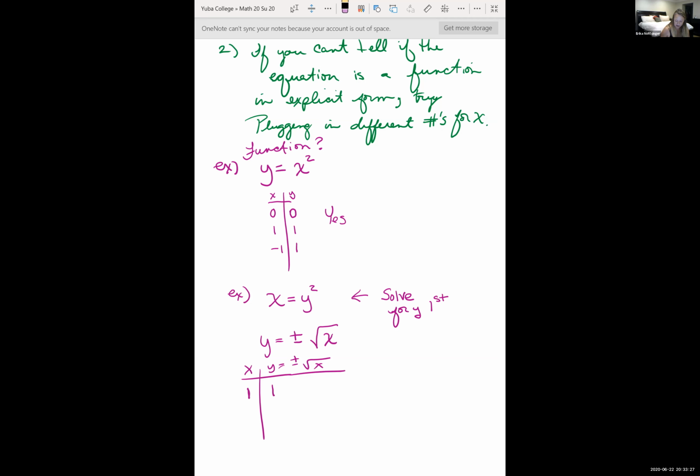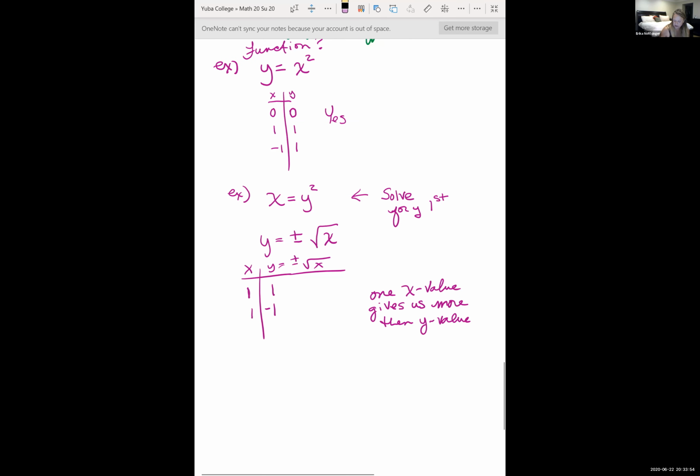But also, if I plugged in 1, I get back -1. So one x value gives us more than one y value. So this equation is not a function.